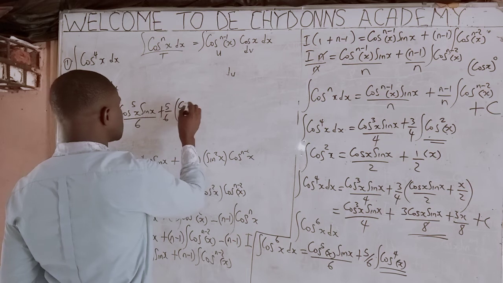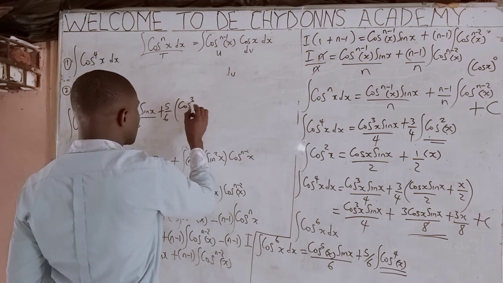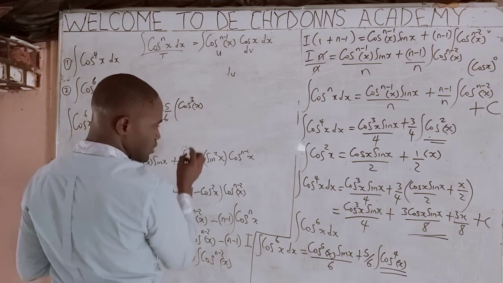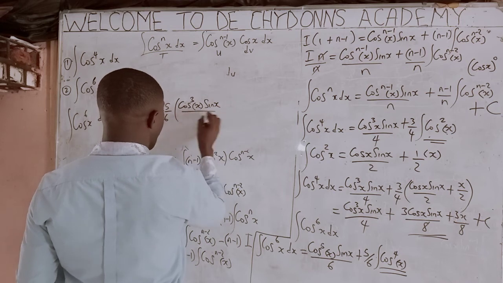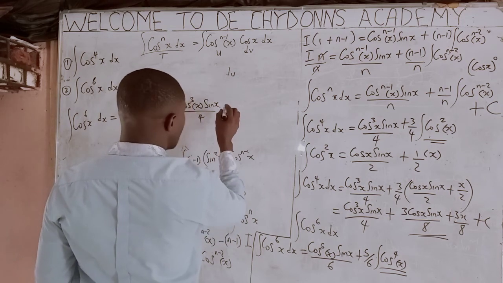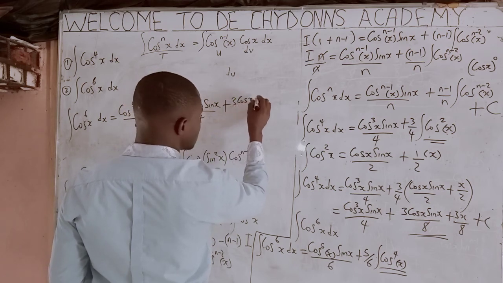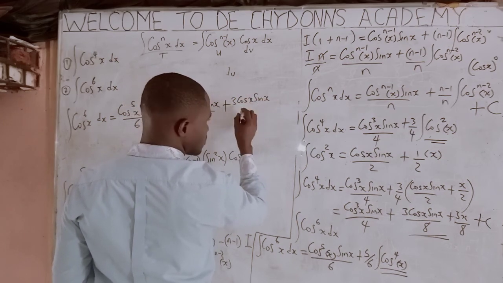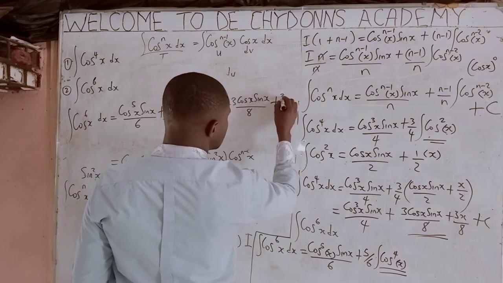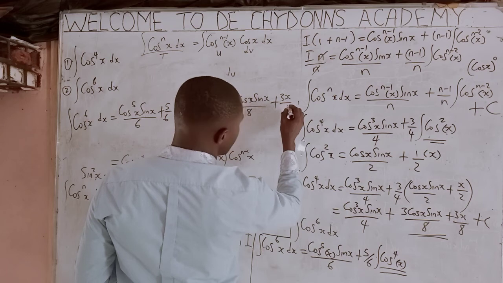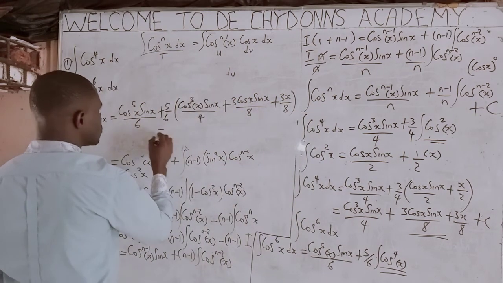We say cos^3 x sin x all over 4, plus 3 cos x sin x all over 8, plus 3x over 8. Then we multiply out.